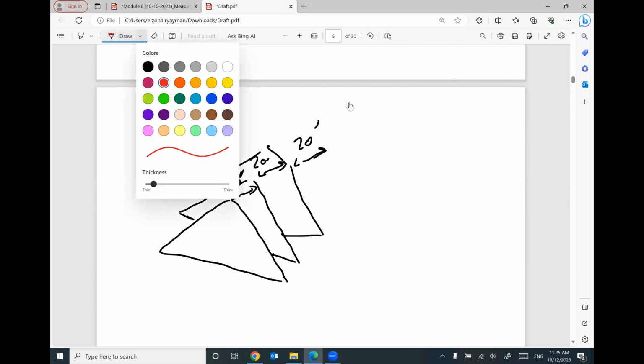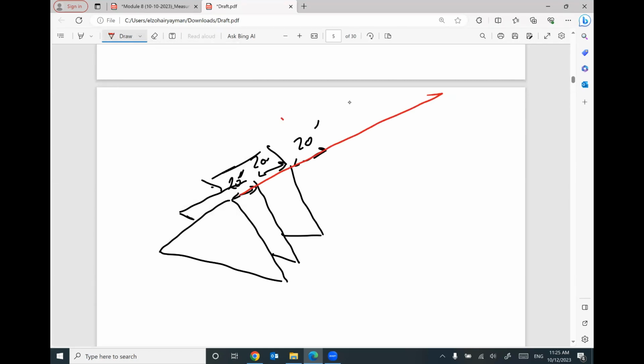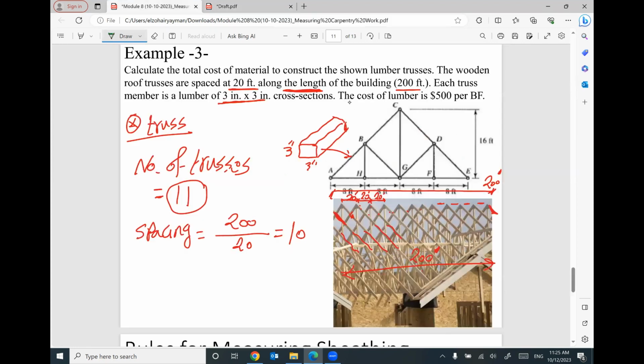This will be repeated for the total length of 200 feet. So I will have 10 spacing, each spacing 20 feet. So that means, because the last one will be a truss, the number of trusses equal the number of spacing plus 1. So we will have 11 trusses.